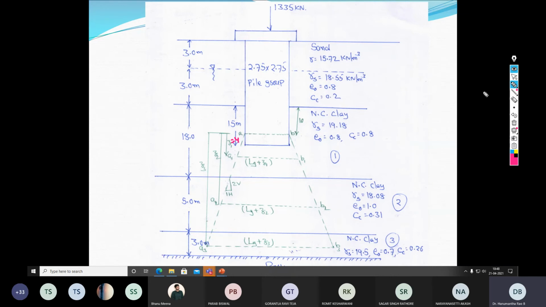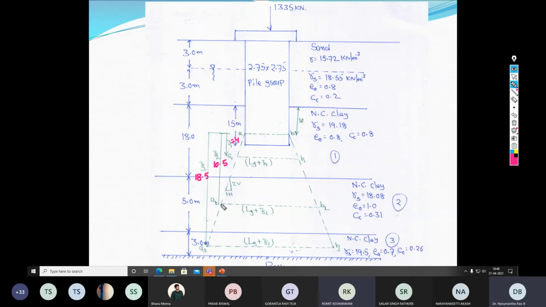Great. So this is 10.5, and Z3. 16.5. 18.5. 10.5 plus 2.5, 12.5.